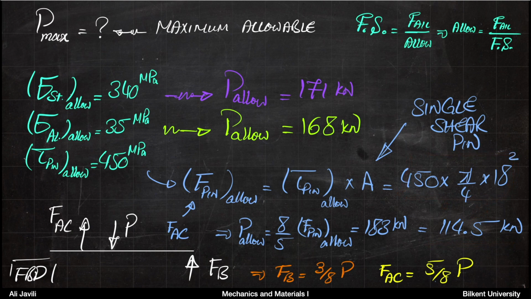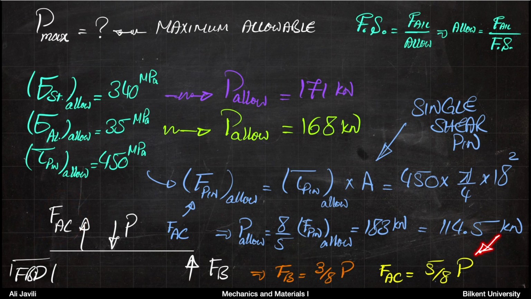Now again, similar to before, all you have to do is to insert that into the relation that you have between the force and P. And then again, remember the pin is on the member AC. So the force that you are talking about is the force of AC. So you use this one.